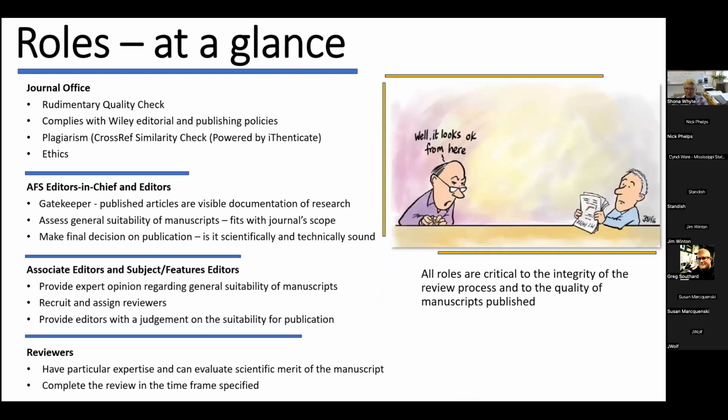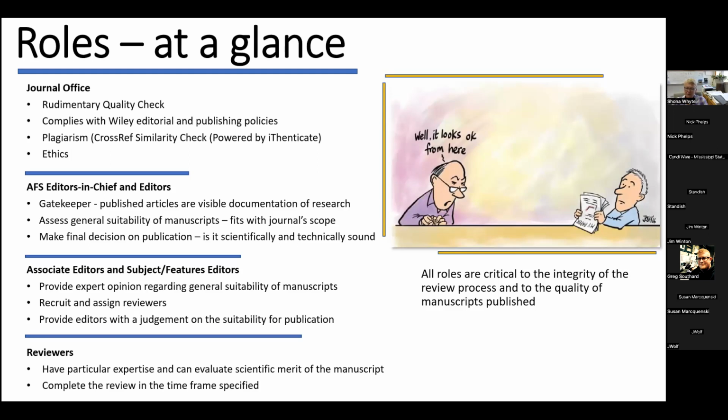And I talked about the journal office and what they do. The editors-in-chief and the editors are the gatekeepers. We're there to assess suitability of manuscripts. We make the final decision on publications. Associate editors provide expert opinion. They recruit and assign reviewers. They provide the editors with a judgment on the suitability of publication.